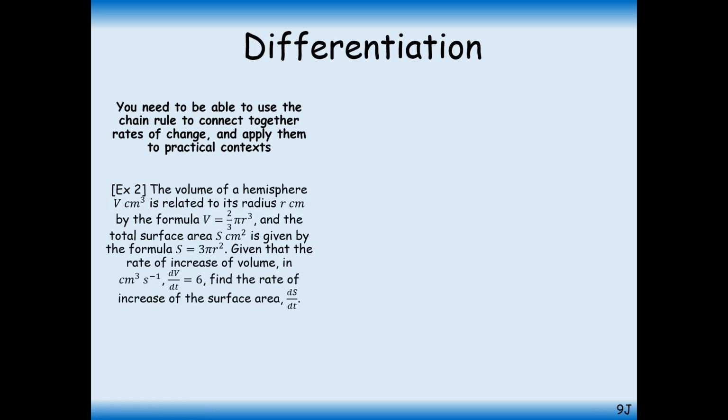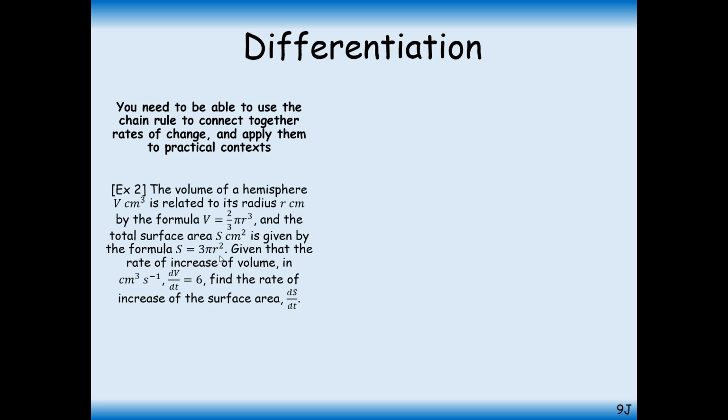Let me show you another. Okay, so here we have yet another example of the derivatives. Let's read the problem and understand it carefully. It's saying that the volume of a hemisphere is given by the formula 2/3 of pi times r cubed, and the total surface area is given by 3 pi r squared.